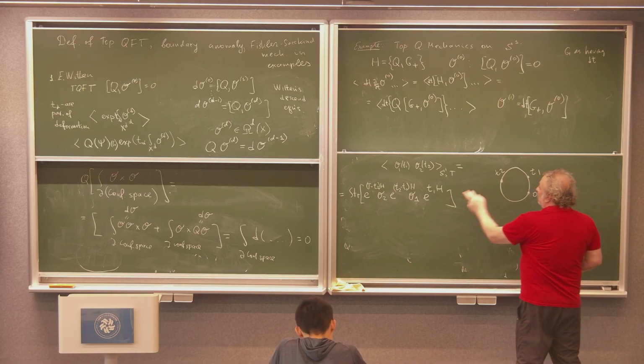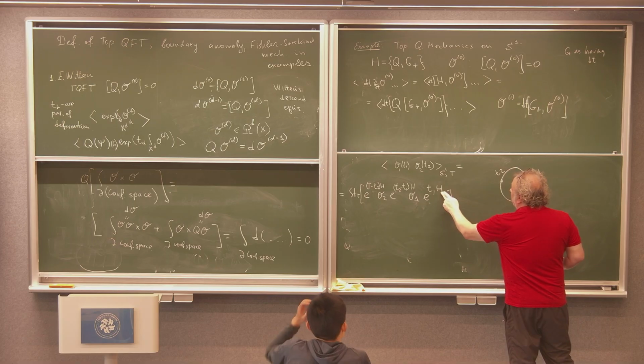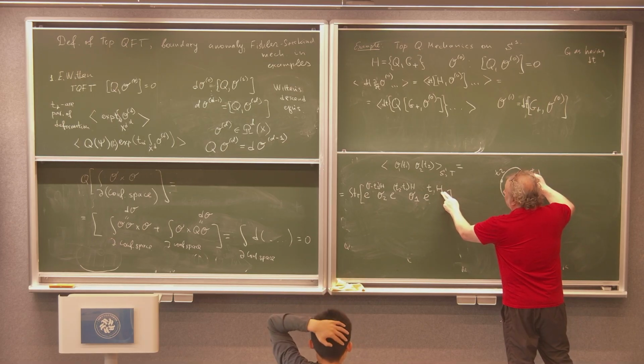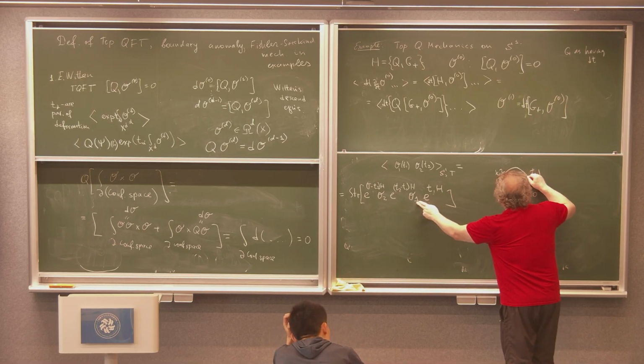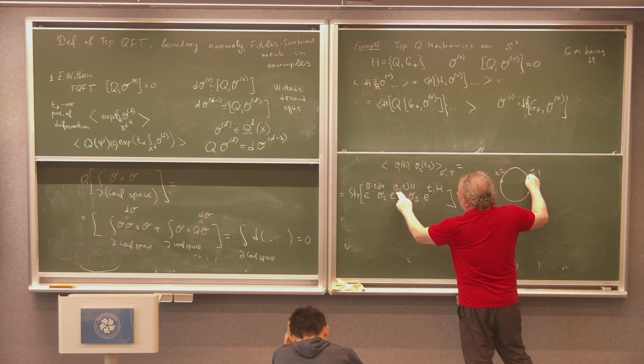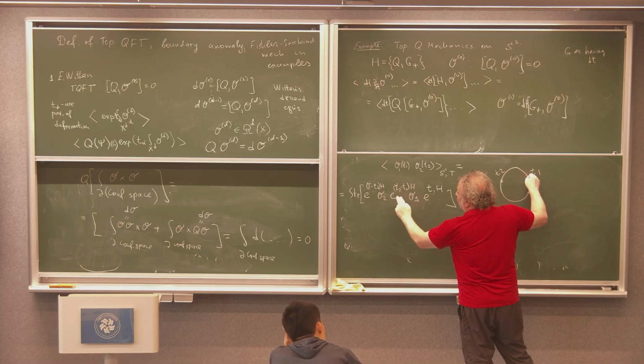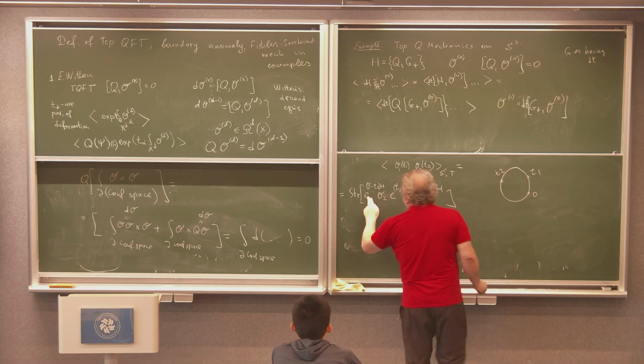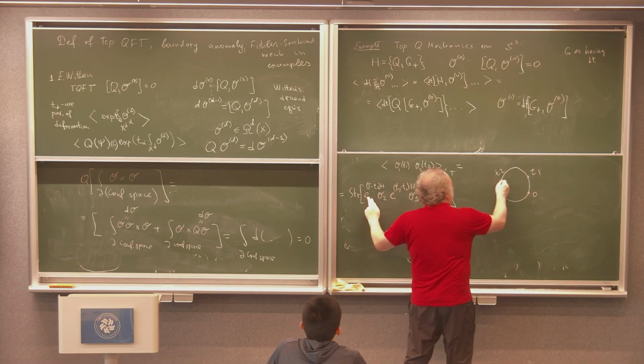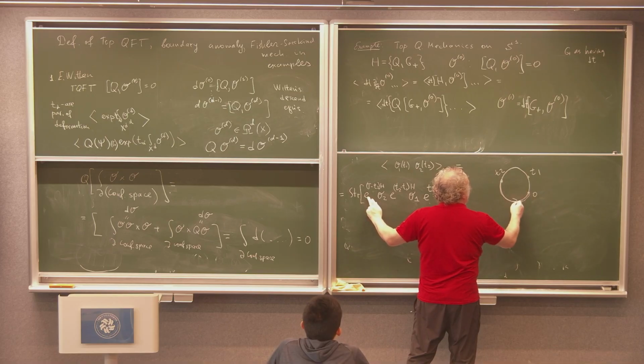This segment corresponds to e to the t h, and then you have an insertion of an operator, then you have t2 minus t1 times h, then you have an insertion of an operator, and then these lengths.